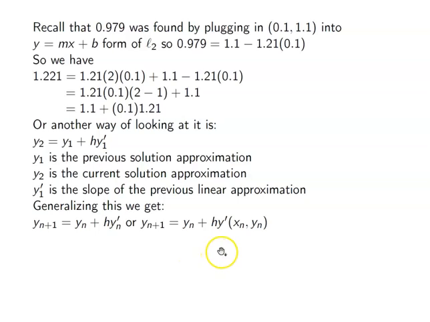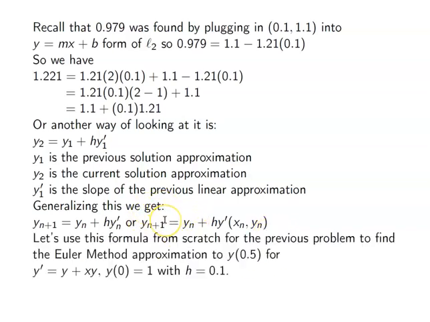So again, I'm plugging x and y of my current point into my differential equation, multiplying that times my step size, and adding that to my current output, and that's what my new output will be. And so here I'm just modeling off of the process that we were doing.